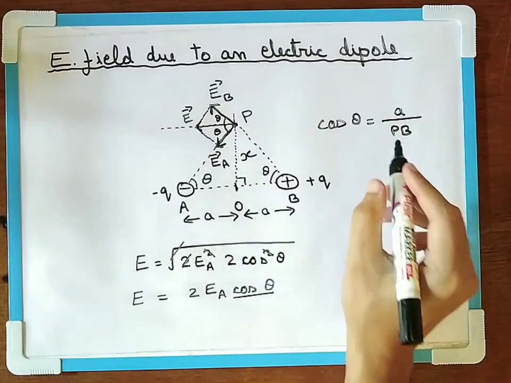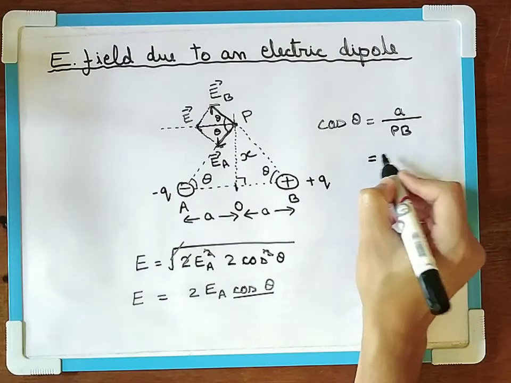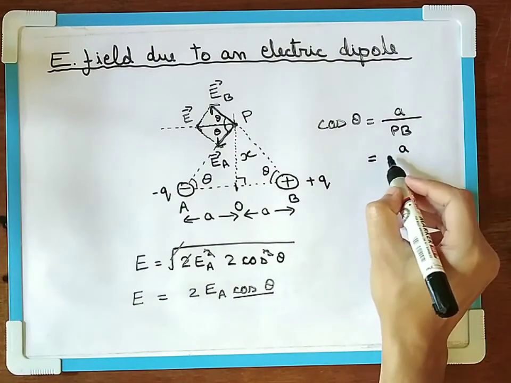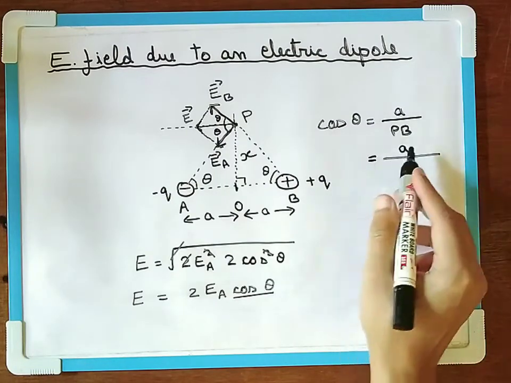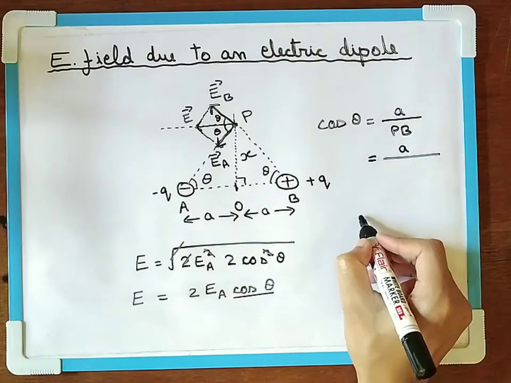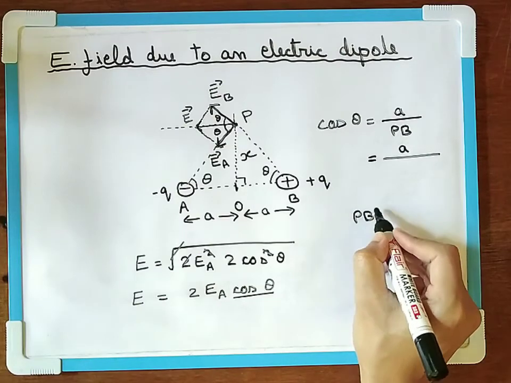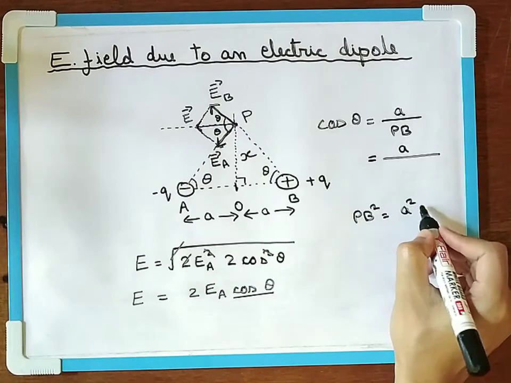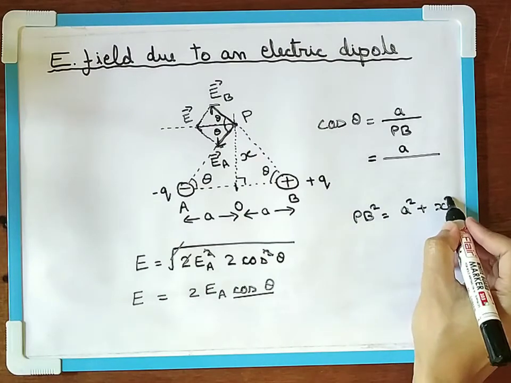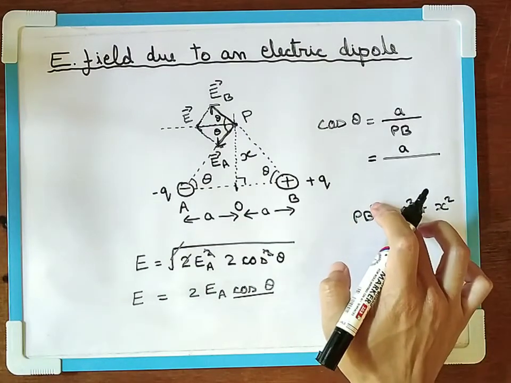Now PB, we have done this hypotenuse before. We have found the expression for the square of the hypotenuse, PB square. So your PB square is equal to OB, or simply a square, plus x square. This we have done before.